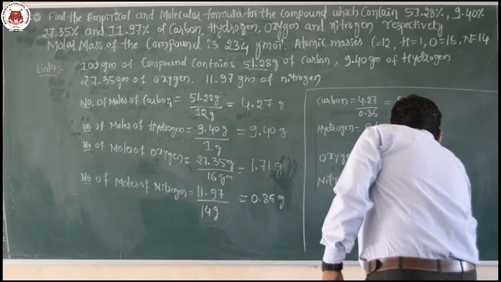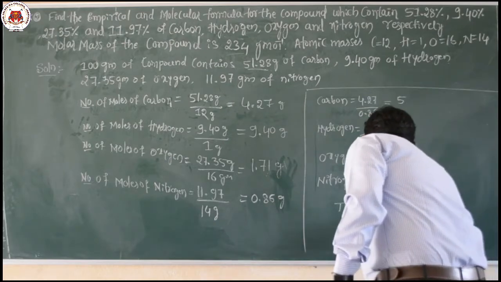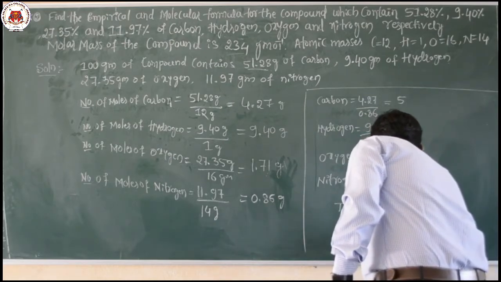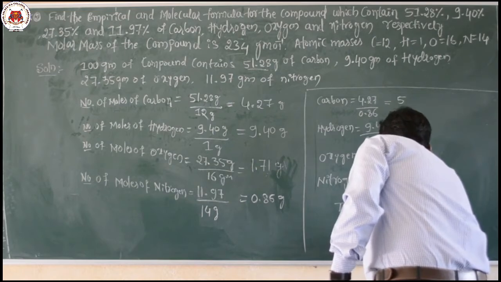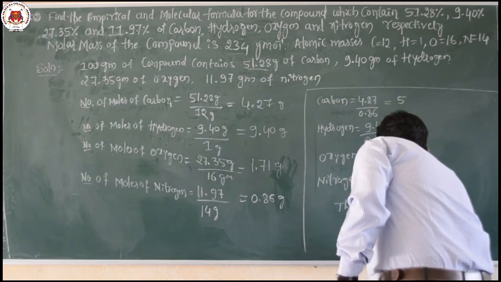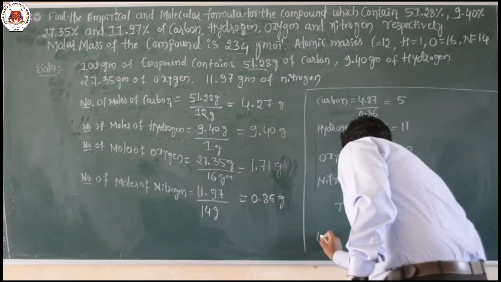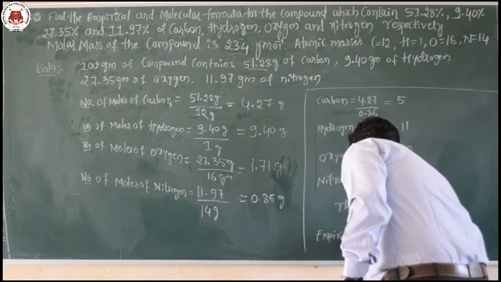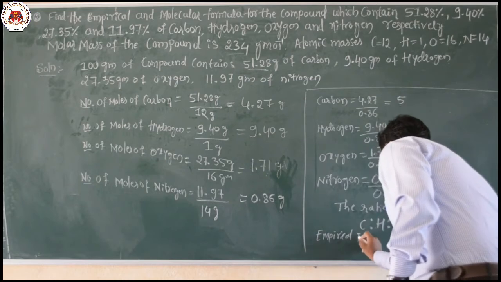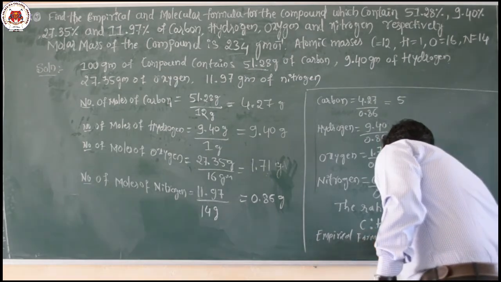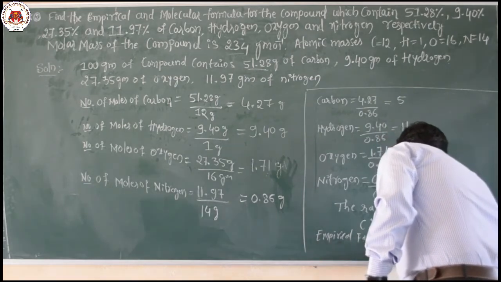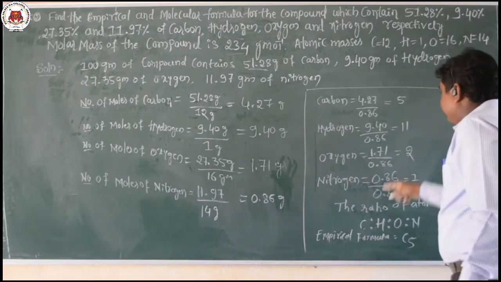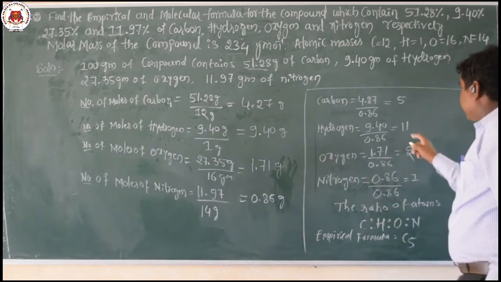Look at the ratio in which the atoms are present. So carbon, then hydrogen, then oxygen, then nitrogen. So the empirical formula is C5, carbon 5, then H, how many? 11.